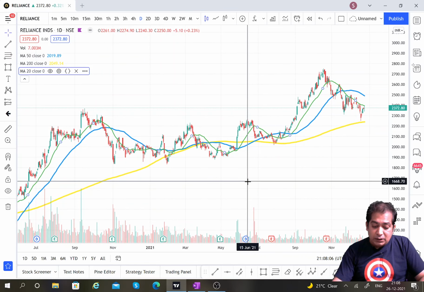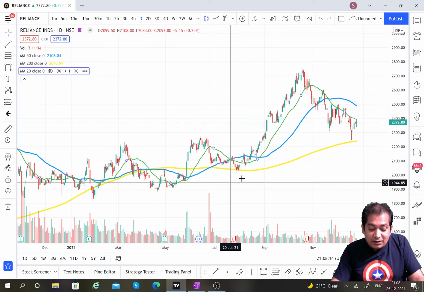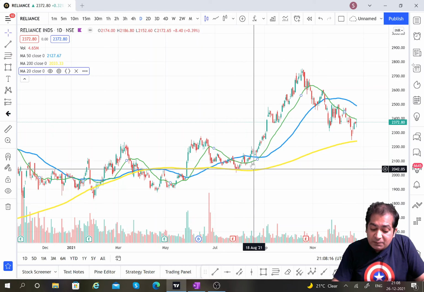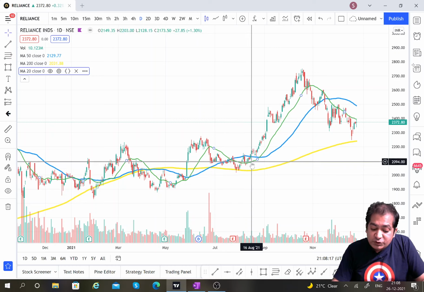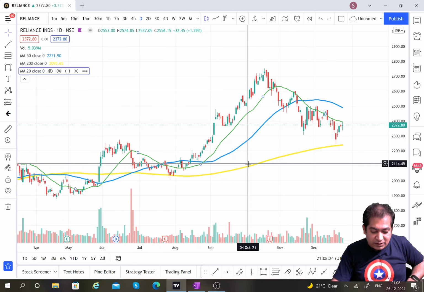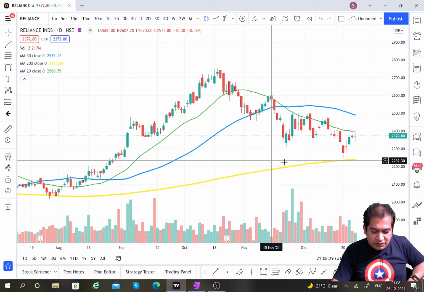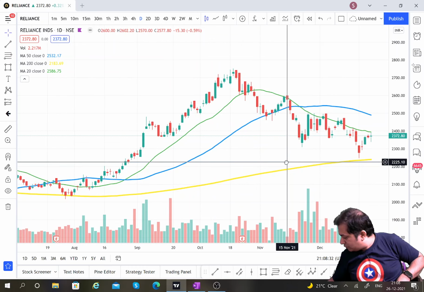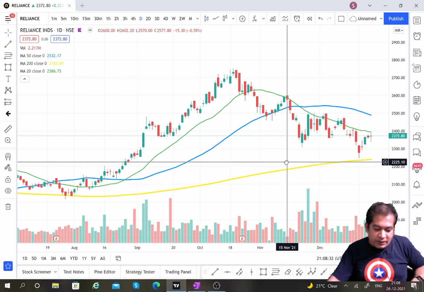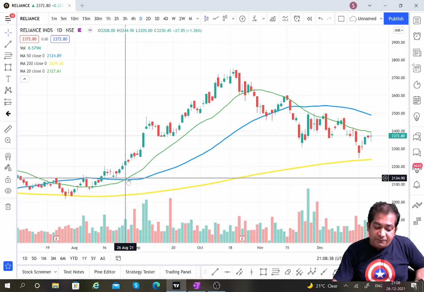Now what you can do here is take a crossover trade, not with the 200 period moving average, but between a smaller and a higher one. The green one is your 20 period moving average. Let me zoom in a little bit. Now it cuts the 50 period moving average.